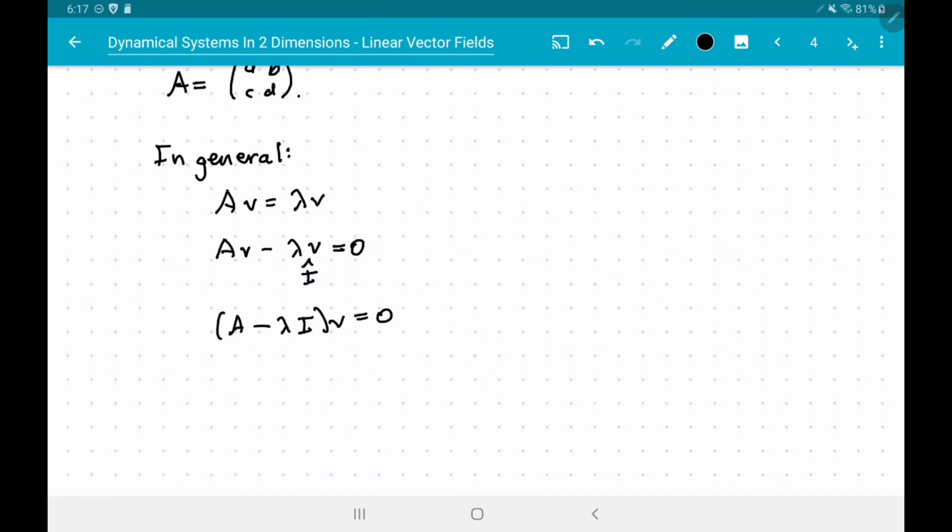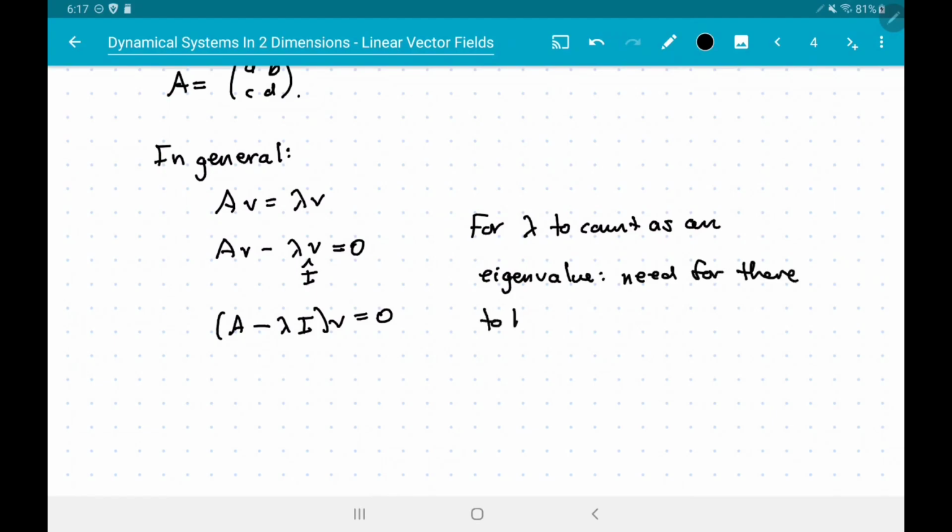Now, if you'll recall, for lambda to count as an eigenvalue, you need for there to be a non-zero V that solves these equations.